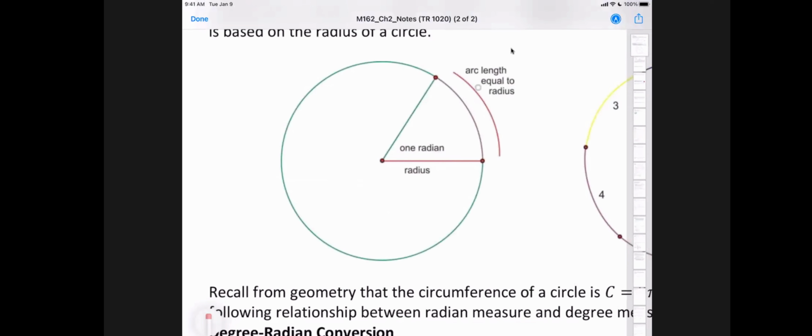So this arc is the same length as this radius, just bent to follow the edge of the circle. How many of these do we need to go around the entire circle until we close it?